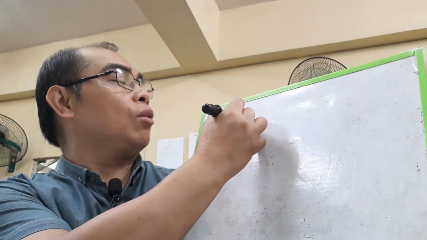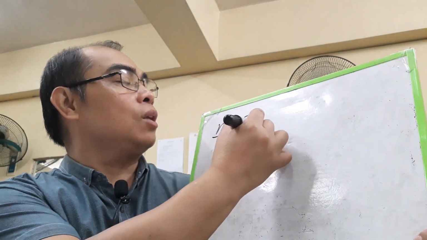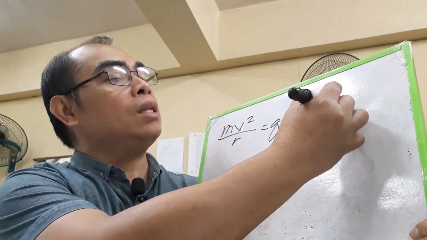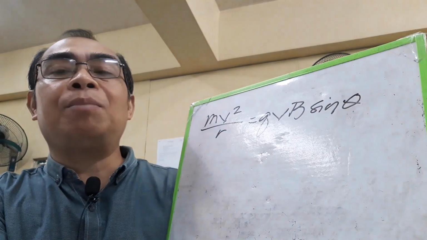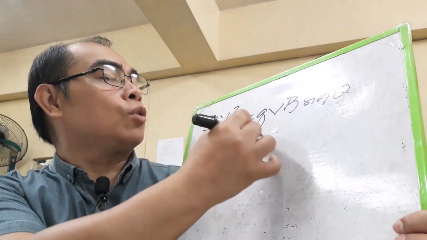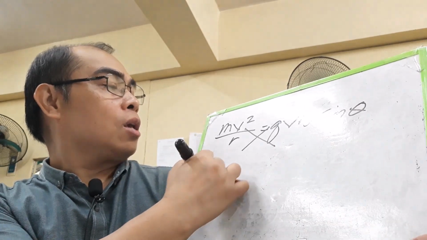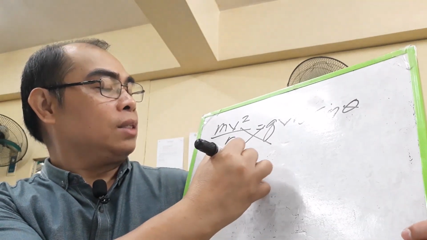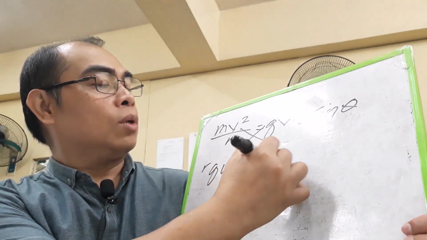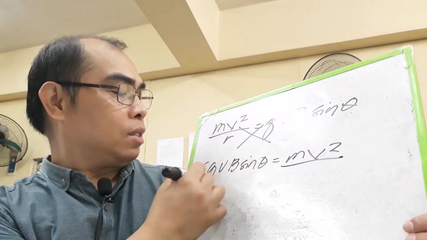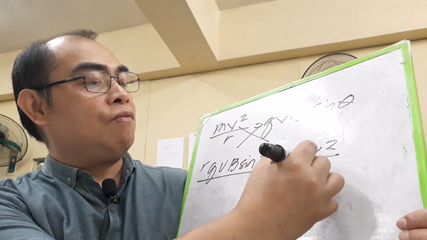So mv squared over r is equal to q v b sine theta. So ano nga hanapin natin ngayon? It's the mass. So cross multiply. So we have here r q v b sine theta is equal to mv squared. So divide both sides now by v squared.